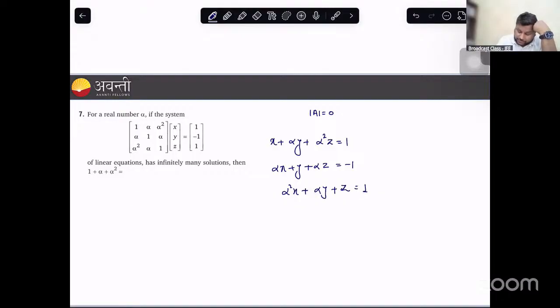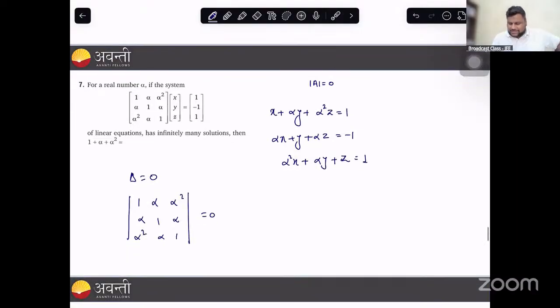Now, first of all, this delta should be 0. For infinite solutions, this delta should be 0. So delta 0 means the determinant with rows 1, alpha, alpha square; alpha, 1, alpha; alpha square, alpha, 1 should be 0. Let's expand it directly.